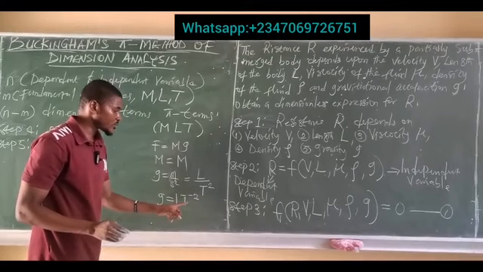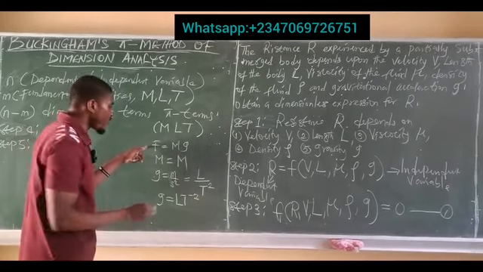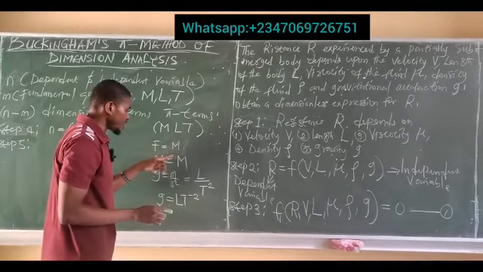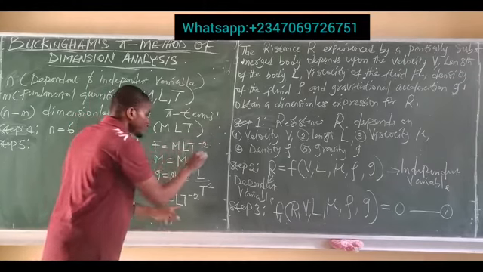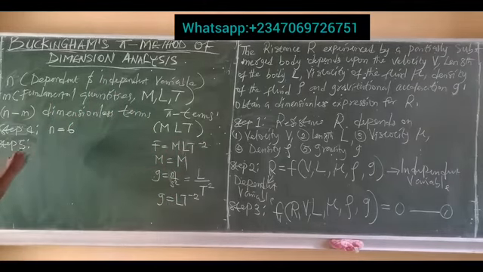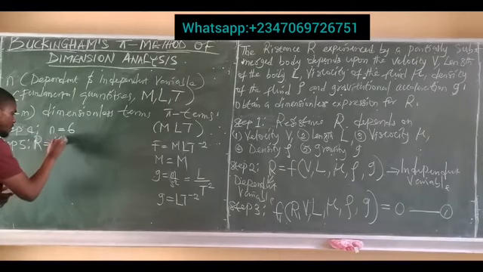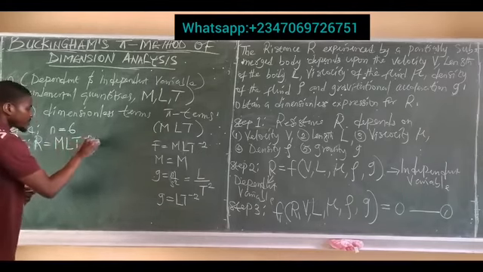So by dimension analysis, force is mass times g, which becomes MLT to the power of minus 2. Resistance is a force, and it is simply equal to MLT to the power of minus 2.